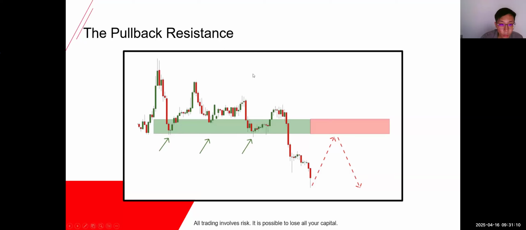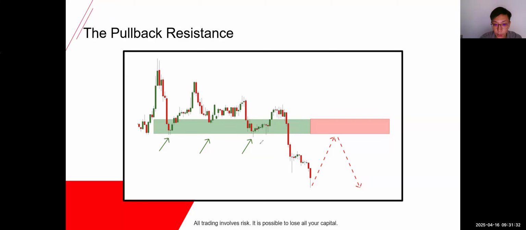So we have your pullback resistance level. Remember, this is what we call the three black crows. Remember this pattern, we have 1, 2, 3 consecutive red candles.